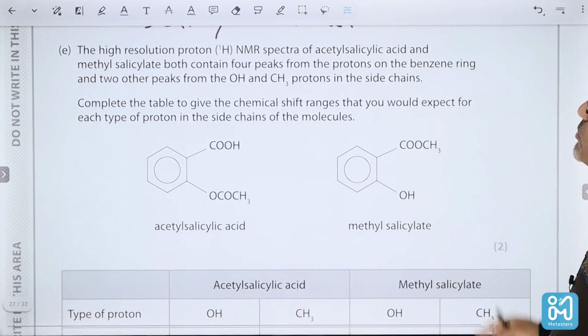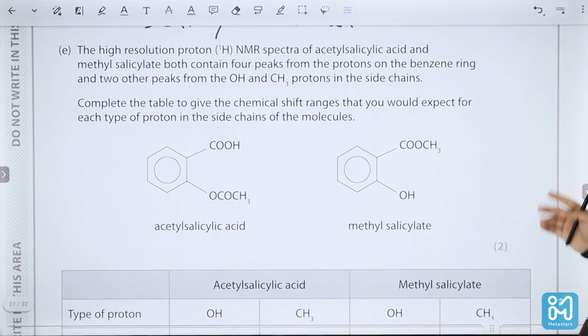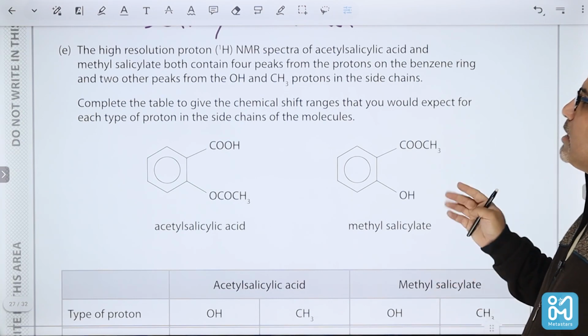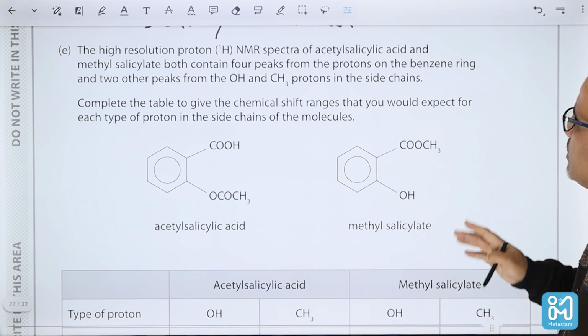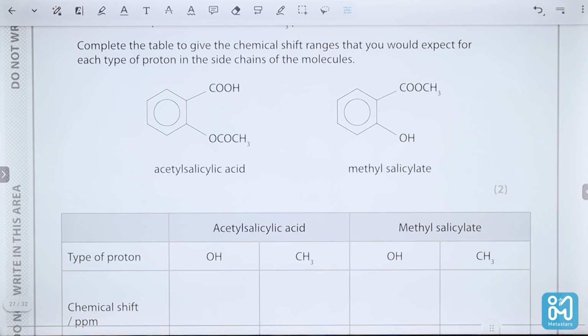Now the high resolution proton NMR spectra of acetyl salicylic acid and methyl salicylate both contain 4 peaks from protons on the benzene ring and 2 other peaks from the OH and CH3 protons in the side chain. Complete the table to give the chemical shift range that you would expect for each type of proton in the side chain of the molecule.